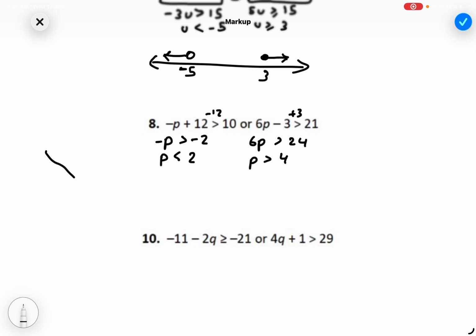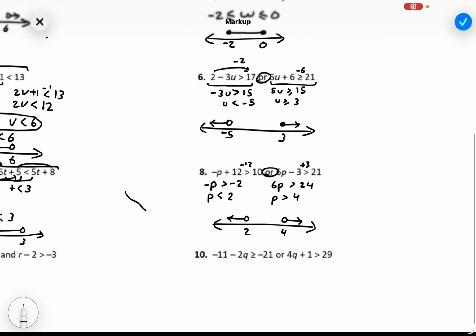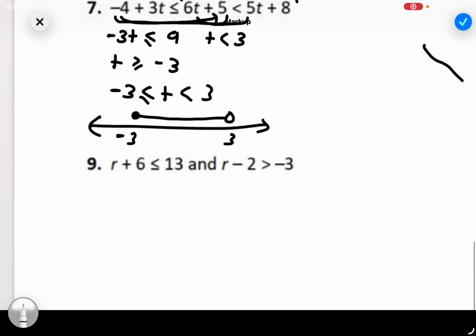Now, what does this mean? Or, and then on the number line, it looks like this. 4, 2, empty hole, this way, empty hole, this way. Yay.